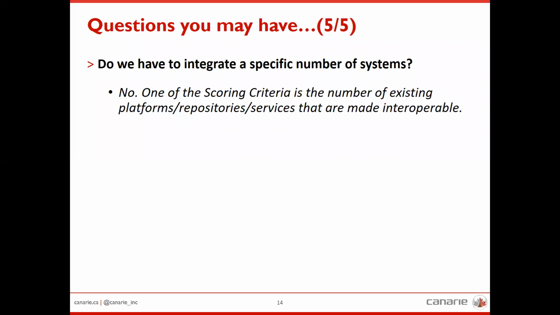I think the funding is designed to encourage those types of systems to be brought into a common framework and to be made interoperable. So there is no preference for any of the existing nationally functional research infrastructure platforms or components. There is definitely an emphasis on bringing currently separate systems together and making them more interoperable.